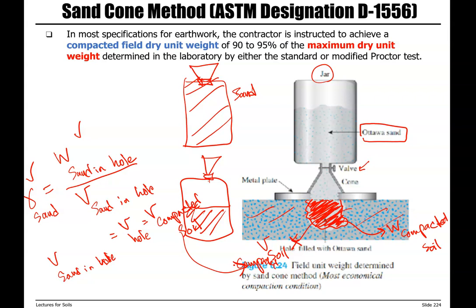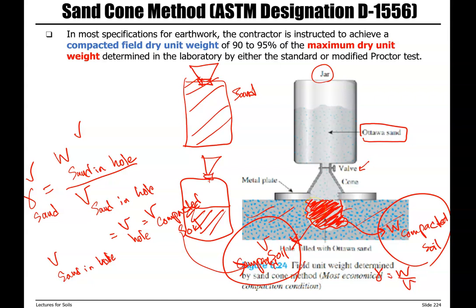So now we have weight of the soil that we removed from the hole. We also have volume of the soil that we removed from the hole. We divide them by each other and we have unit weight.